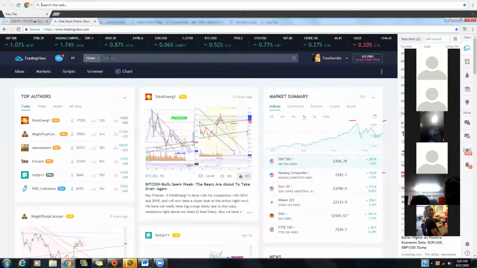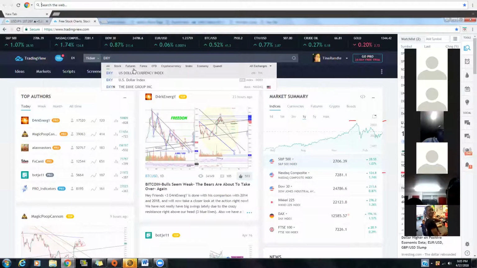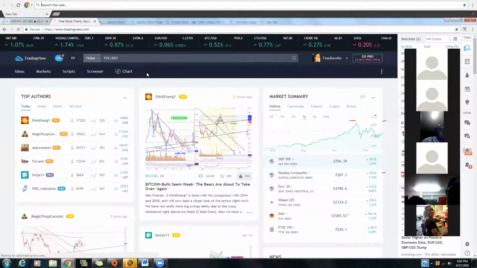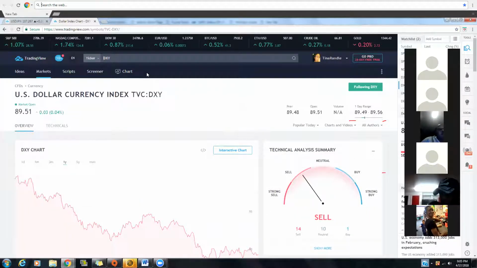So we're using USD JPY. For the dollar, you're going to type in DXY. And you always want the one that says index.